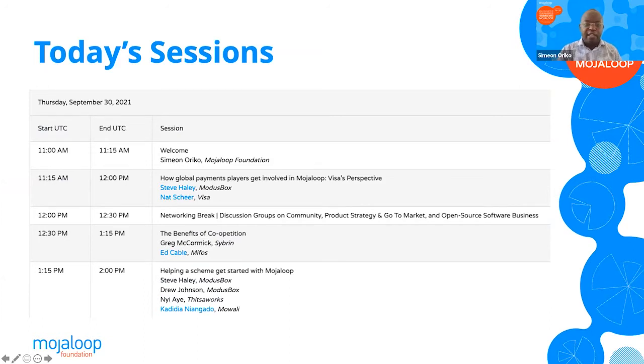After the networking break, we'll close with two sessions, one on the benefits of competition from Greg and Ed Cable, from Cybrin and MyFos respectively. And then we'll go into the final session, which is a panel on helping a scheme get started with Mojaloop. That again will be led by Steve Haley from ModusBox, and he'll be joined by his colleague Drew Johnson, Ni from Fitzalworks, and Kadidia from Mojaloop.